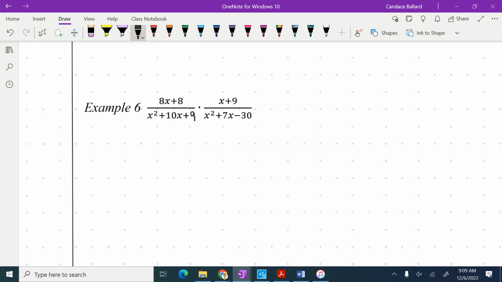Try it now. Okay. So everybody take 2 minutes, see if you can get through the whole thing, get it all factored and canceled.